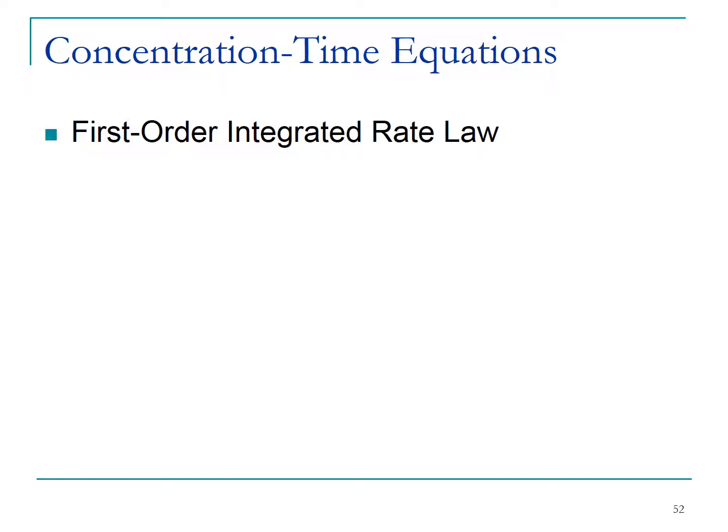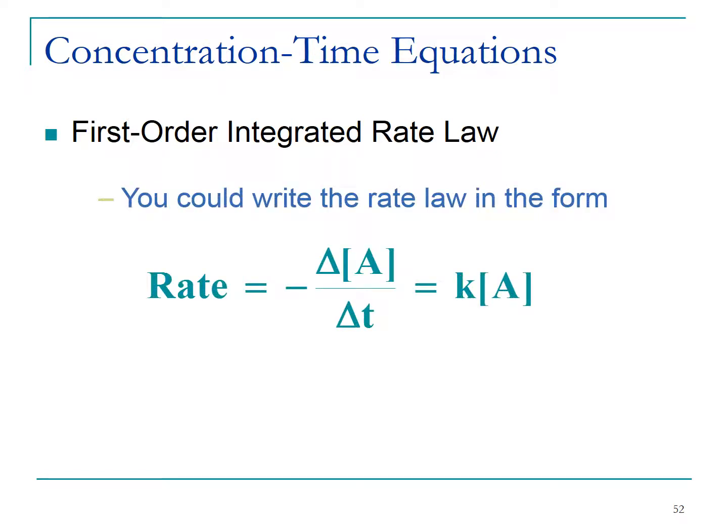So if a reaction follows a first order concentration relationship, then we can use the first order integrated rate law. All right, so rate is always, remember, delta A over delta t, the change in concentration over time t.